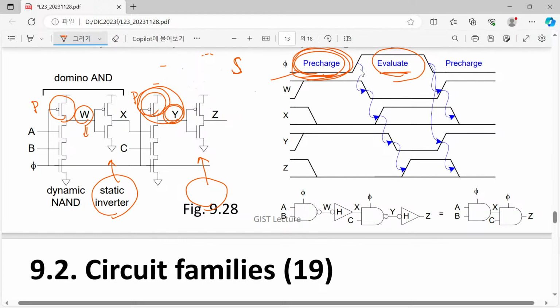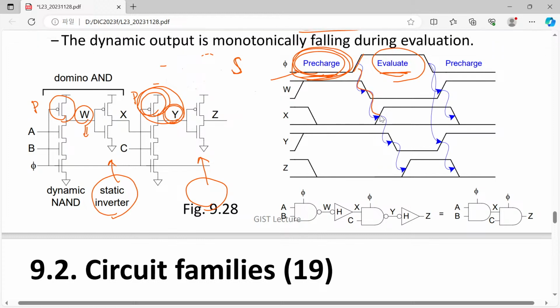The signal comes here and there, and y affects x, x affects y, and y affects z. So within the given time period, your evaluation should be done. So simply speaking, which one is more critical in terms of operational speed? Of course, your evaluation part is much more critical for the given time period.